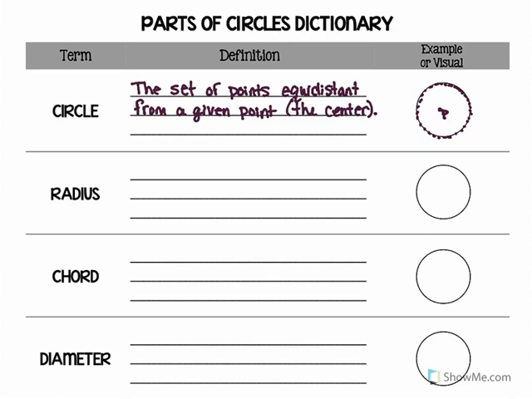Now, radius is one that you should know. A radius is a segment with endpoints at the center and on the circle.